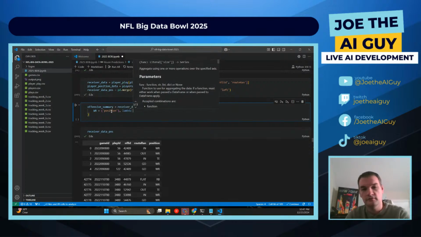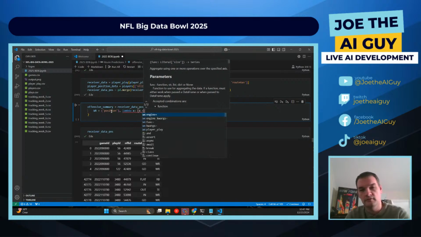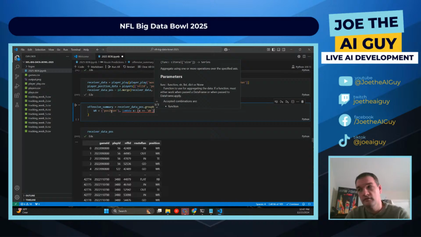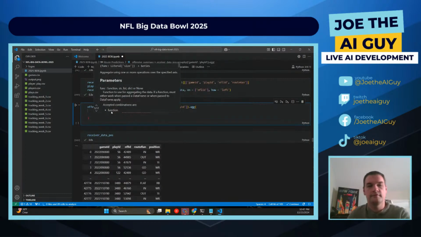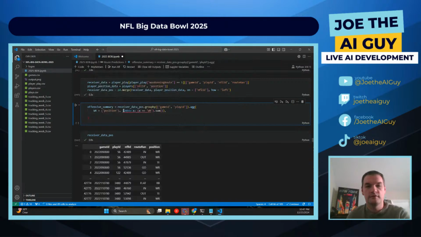lambda, and take this. Did I close everything out?